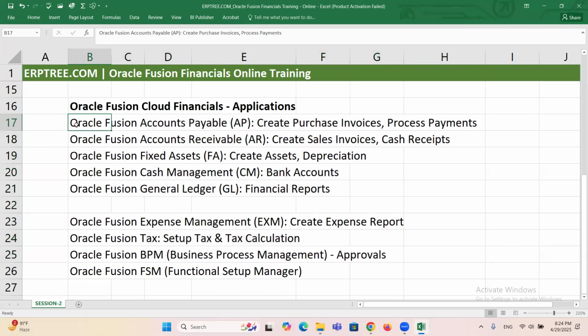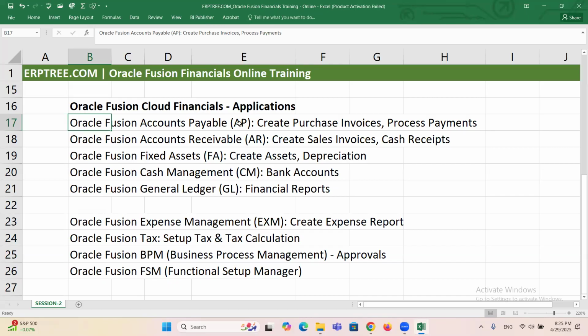Say, for example, you want to create purchase invoices and process the payments within the AP application. To record those two events, invoice creation and payment creation, we need to complete certain setups. We have to set up who the suppliers are, and a few other details.